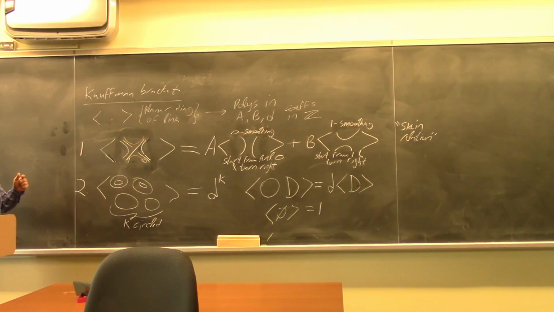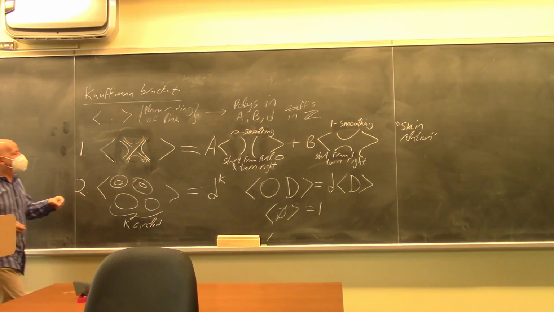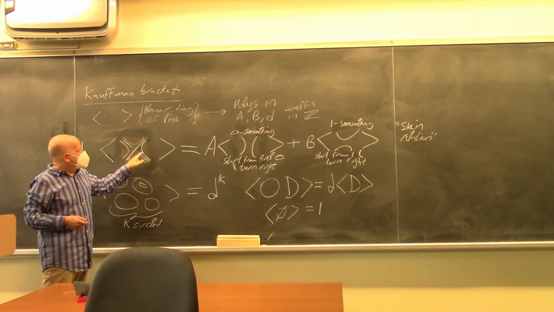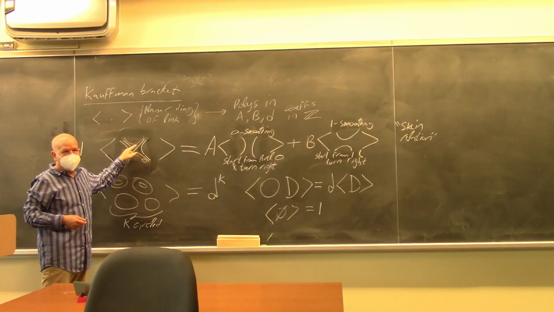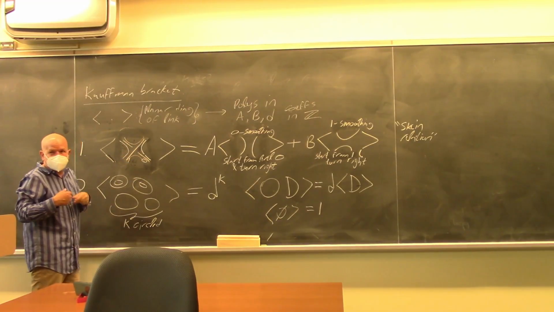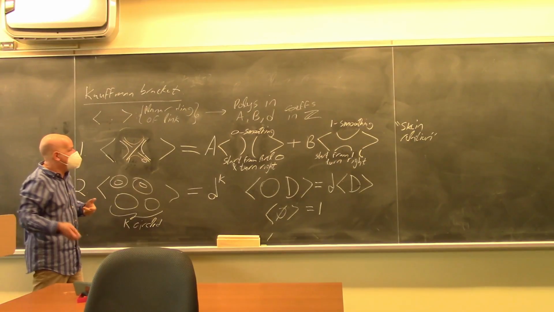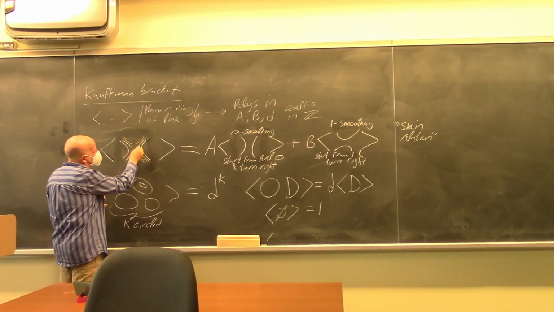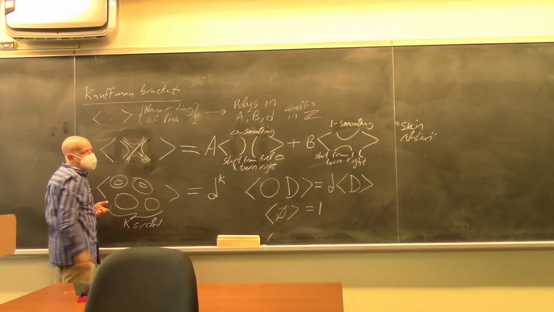And maybe I should say one more thing. You see, this smoothing operation need not respect the orientation of a link. When I gave the definition of a link, I said that all edges are oriented.